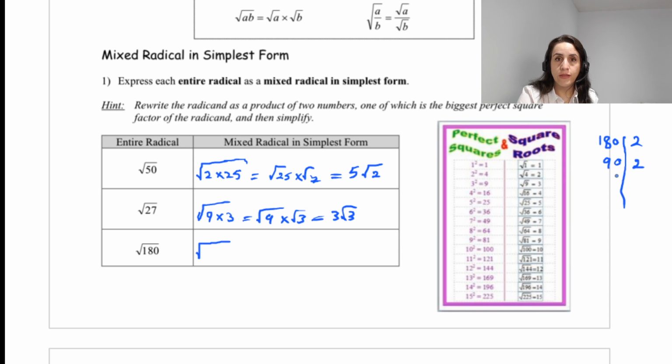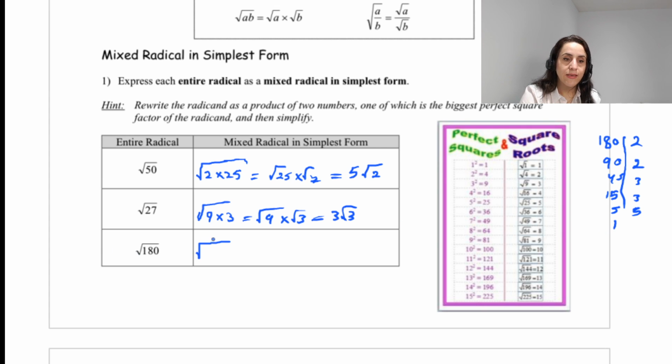I'm just trying to find the factors for 180. 90 divided by 2 is 45. 45 divided by 3 makes 15. 15 divided by 3 makes 5. And finally 5 divided by 5 makes 1.